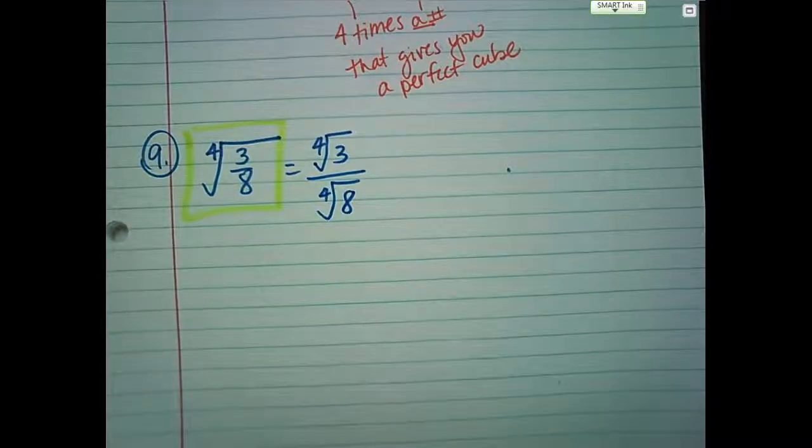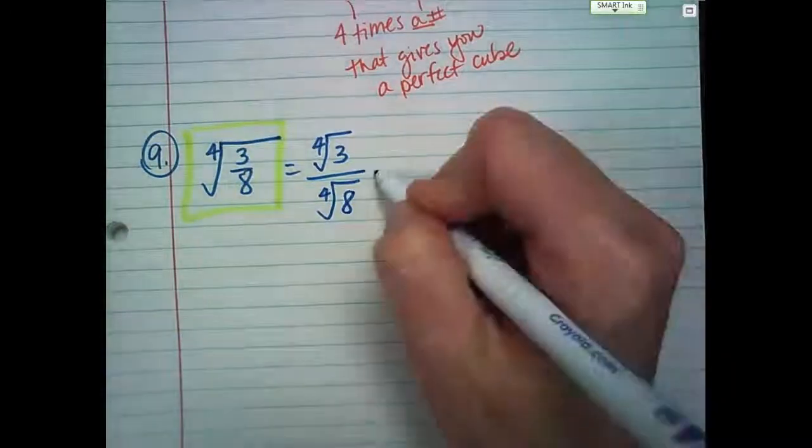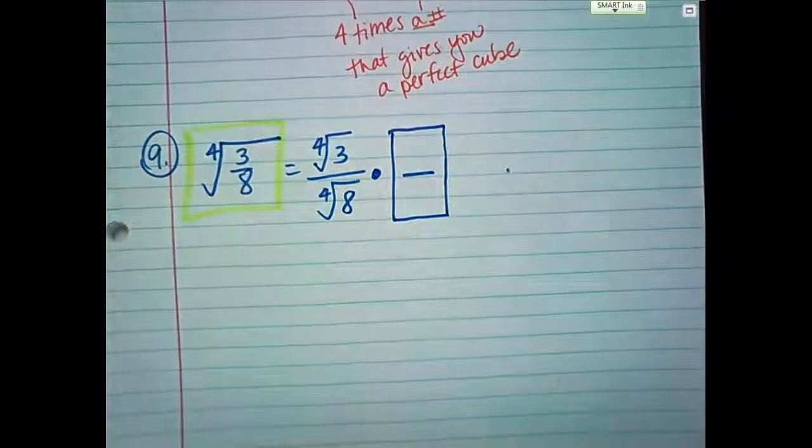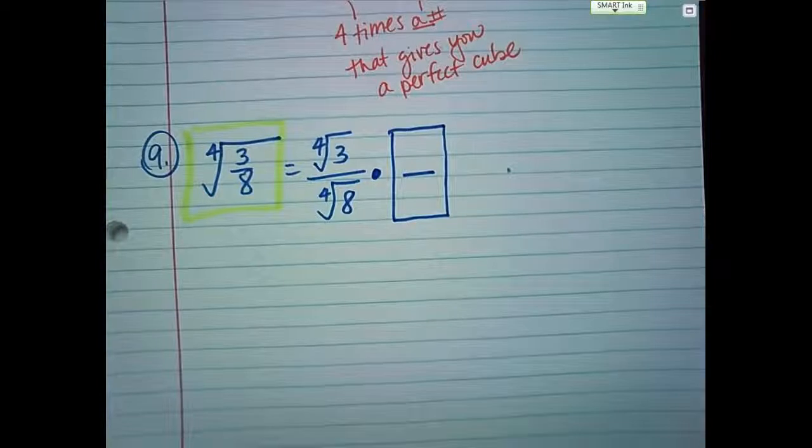First step is rewrite. Your second step is to fill in the box. Read the directions from above it and see if you can figure it out. This time we're dealing with 4th roots, so look at your 4th root column. The 4th root of 8 times the 4th root of, I want to get what?